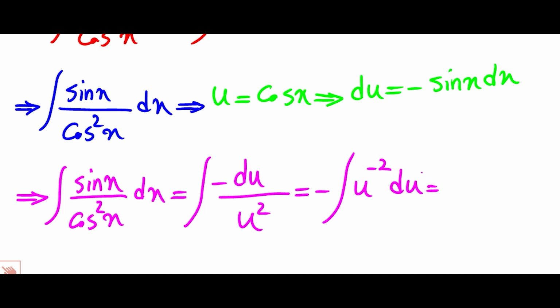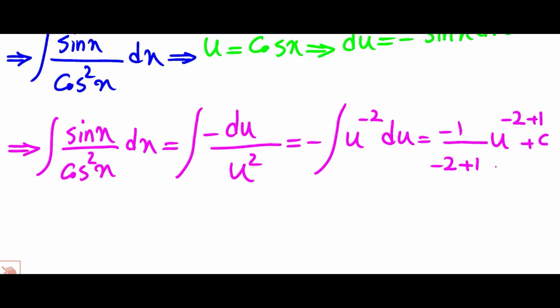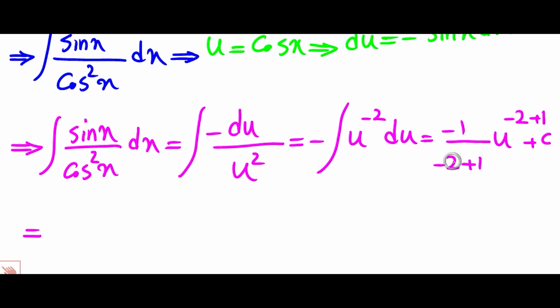If we use the power rule, we have negative 1 over (negative 2 plus 1) times u to the power of negative 2 plus 1 plus c, right? So negative 2 plus 1 equals negative 1, and negative 1 over negative 1 is positive 1.